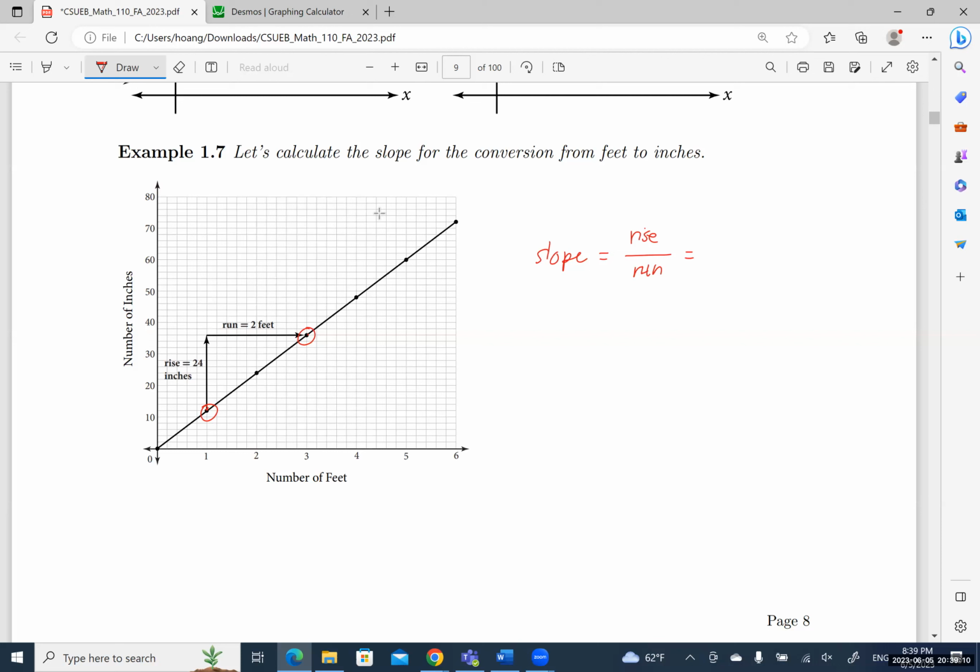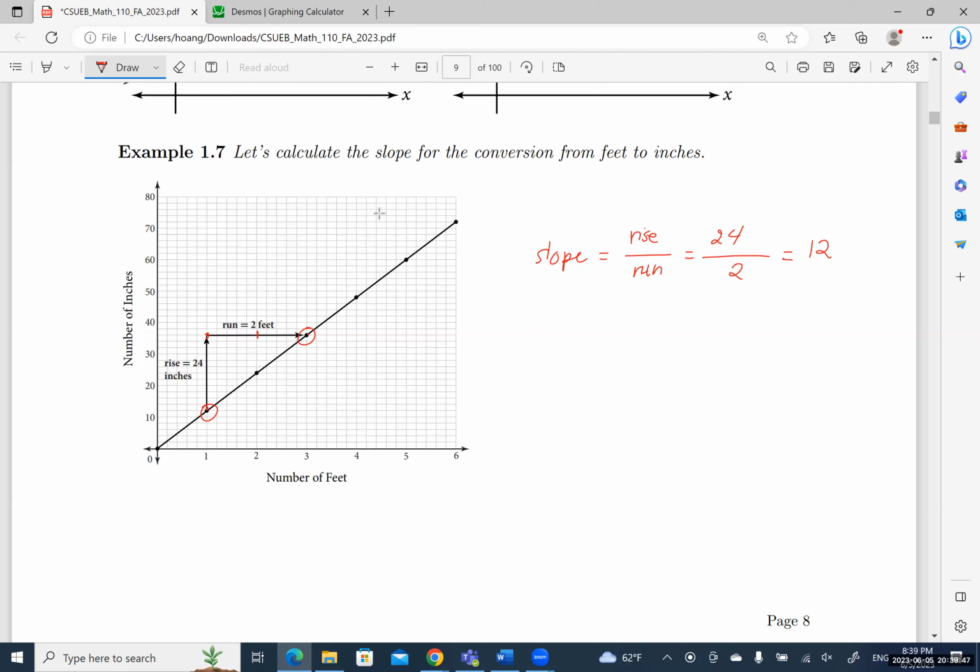What did I do? I did have to rise 24 units to this part over here, right? So 24. And then I run to the right 2 units. Since you see over here 1 unit was here, and another one is the next one. So to get to the point, run is 2 units. So then 24 divided by 2 is gonna give us 12.